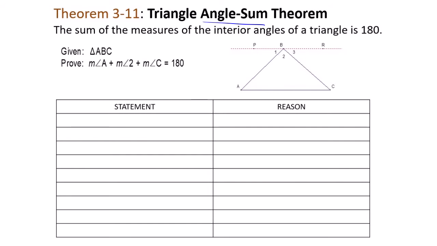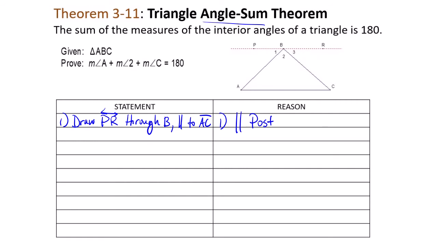Step 1: draw line PR through B that's parallel to segment AC. The reason is the parallel postulate.